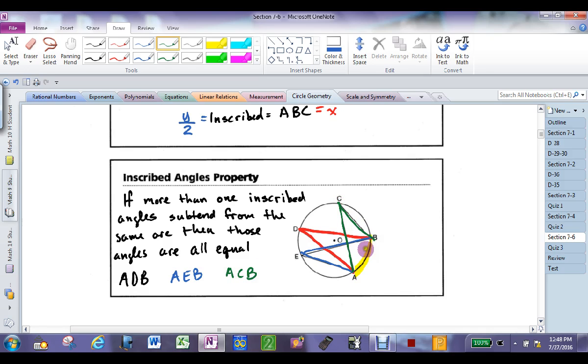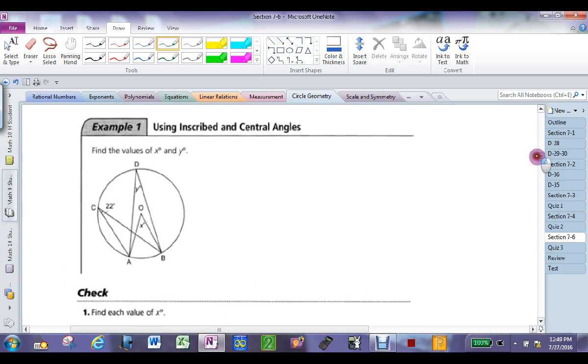ACB. Since they all come from the same arc, what are they? Equal. Got it? Everyone got it? Turn the page over. See if you really got it.